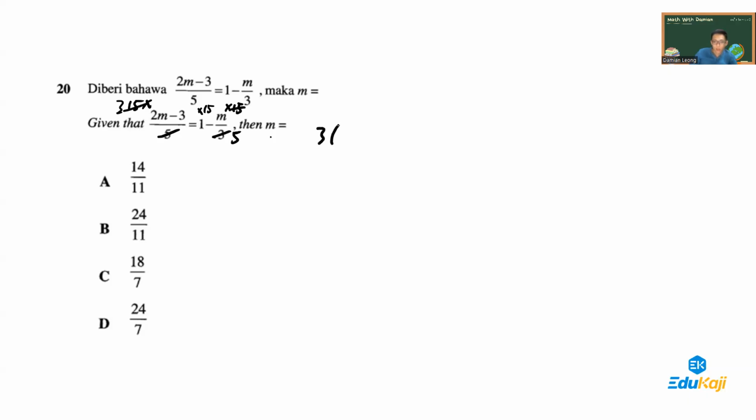So it's 3 times 2m minus 3 equals 1 times 15 is 15 minus 5 times m means 5m. 6m minus 9 equals 15 minus 5m.